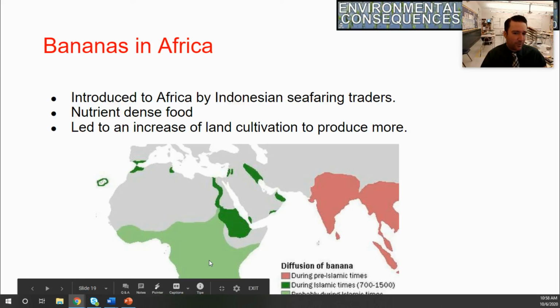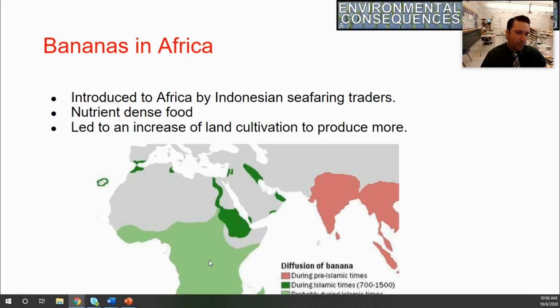And bananas were really a big, important crop because they're very nutrient dense. They grow like crazy. And so this has demographic and environmental consequences because bananas become a crop that they're going to clear out more land and cultivate it and change the environment so they can grow more of this crop.